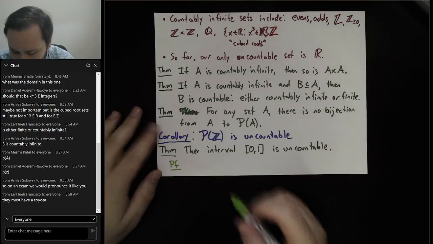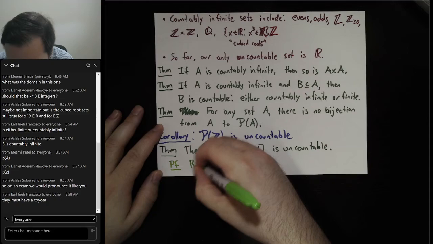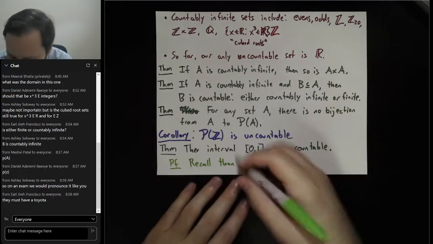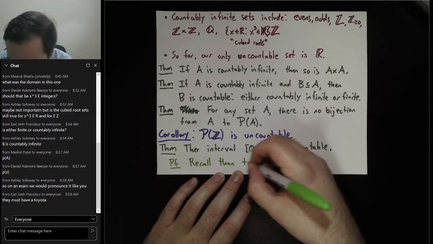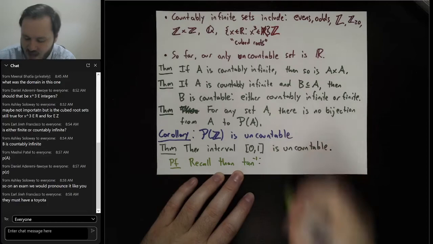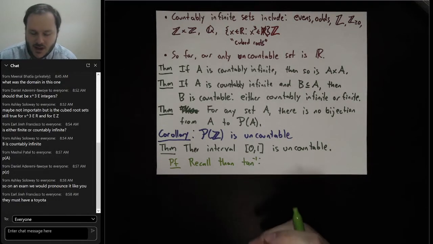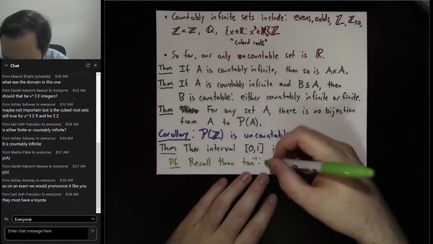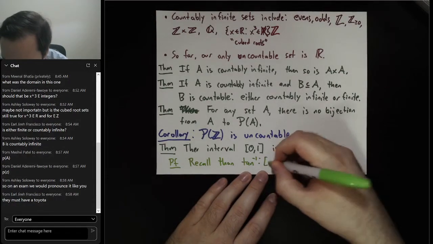So recall that inverse tangent is a function where the inputs for inverse tangent, you're only allowed to input a value between minus pi over 2 and pi over 2.